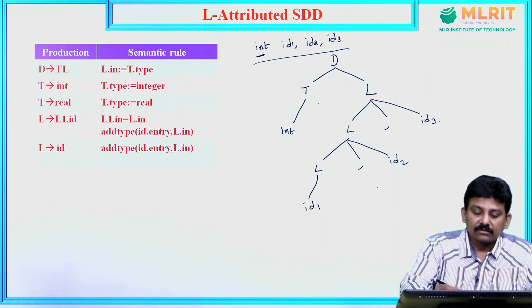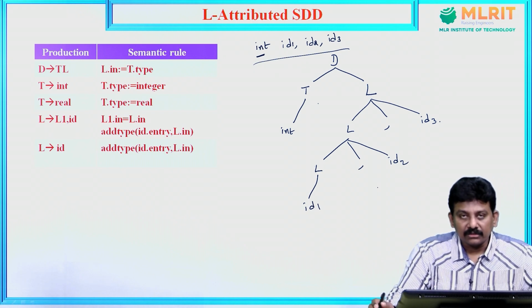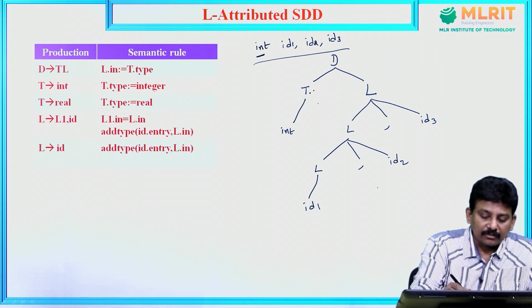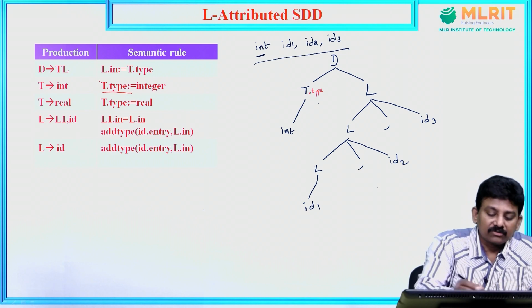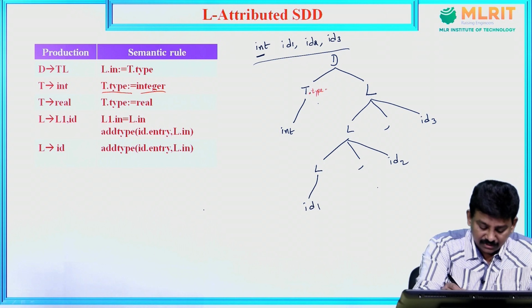Because this is an L-attributed SDD, we can use both synthesized and inherited attributes. T derives integer, so T.type is integer.